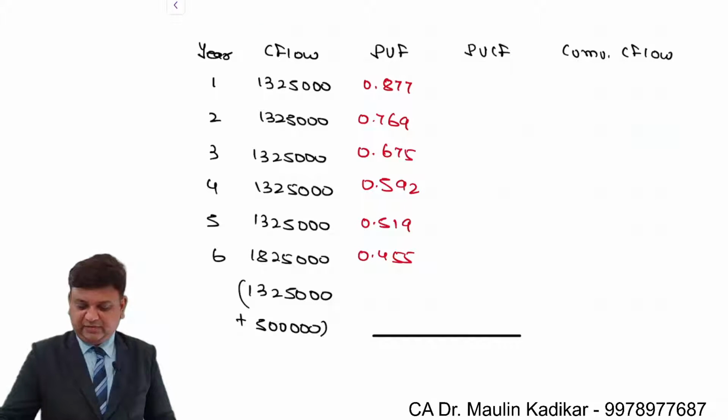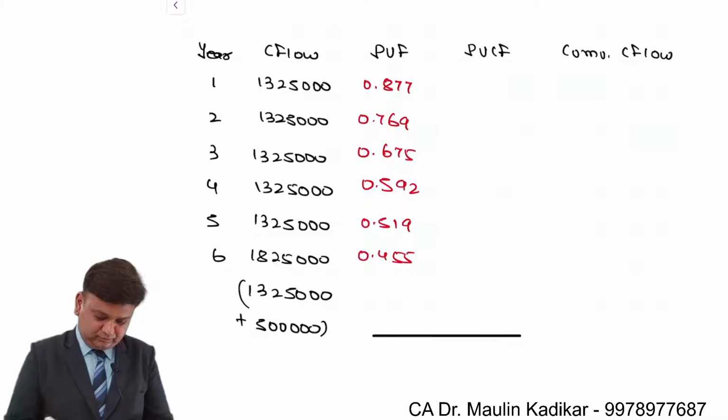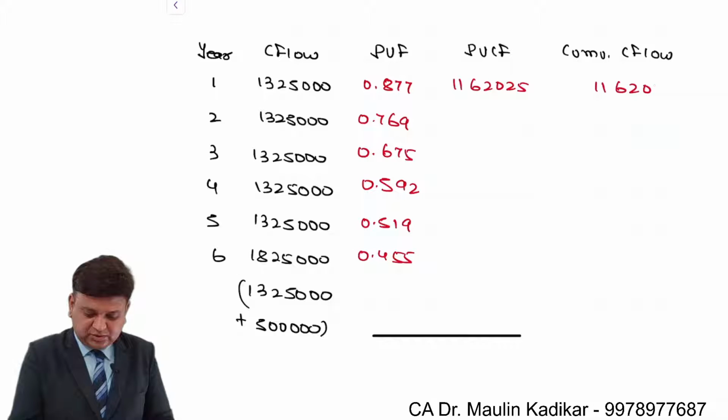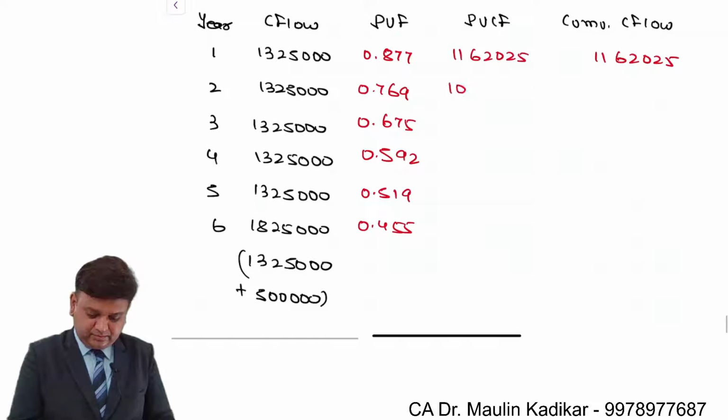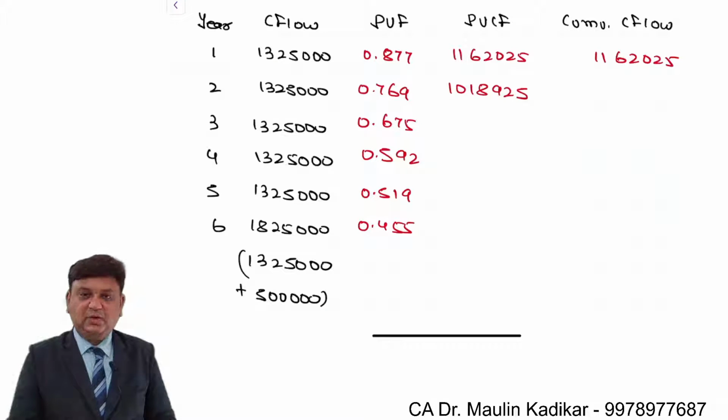So 13,25,000 into 0.877, 11,62,025. 13,25,000 into 0.769, 10,18,925. Cumulative 21,80,950.